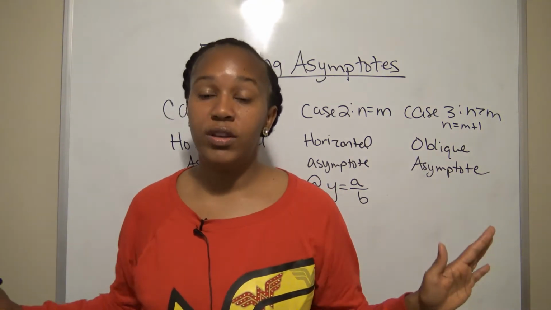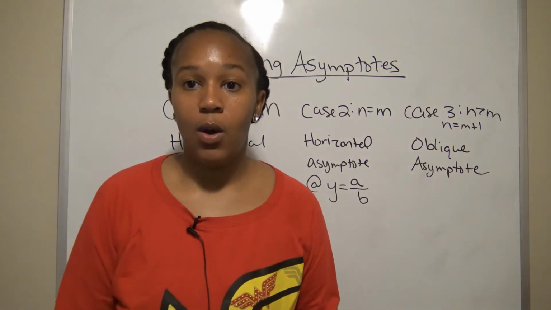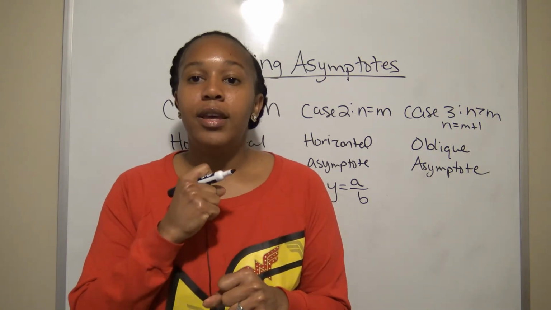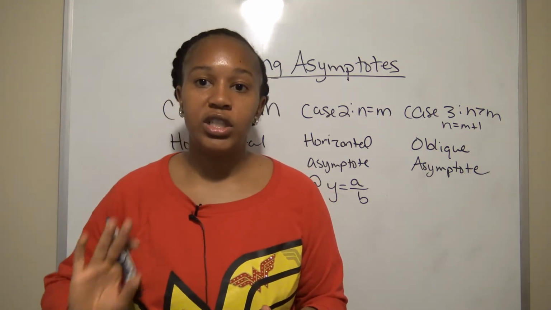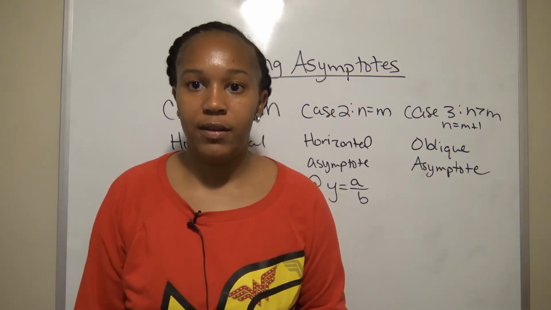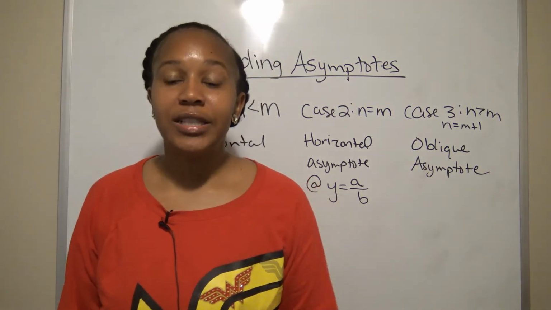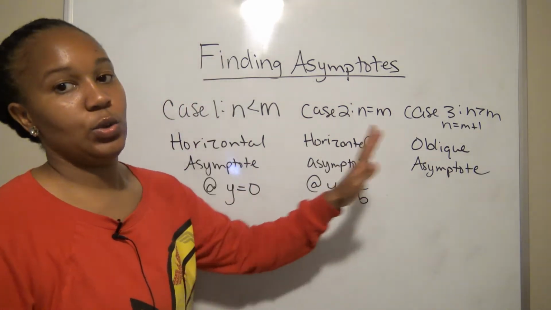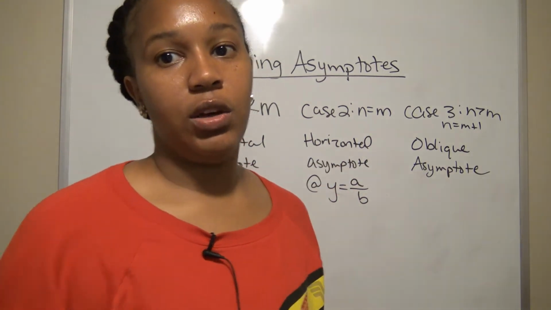So you have to do division of the polynomials to figure out what that asymptote is. The asymptote will be the quotient, and you can just disregard the remainder of that division problem, okay? So let's look at some examples. I'm going to show you an example of each case: a case 1, a case 2, and a case 3.